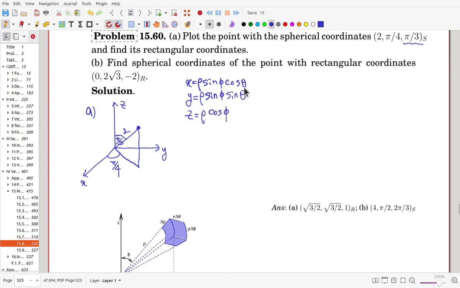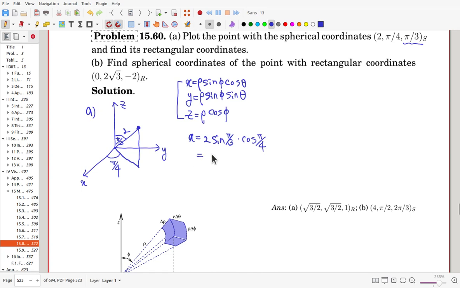Right? So from here, you can get x, y, z easily. Now rho is already here, 2, and sine phi is pi over 3, and cosine theta is cosine pi over 4. You can get that quite easily.